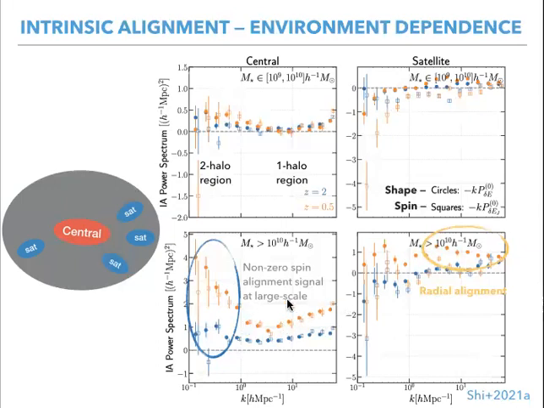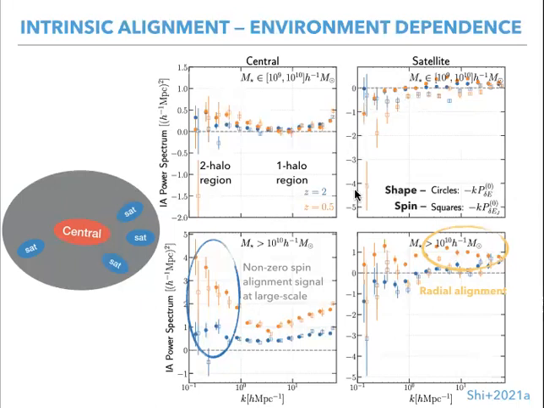We also found a non-zero spin alignment signal at those scales, which is inconsistent with the prediction of the quadratic alignment model; we think it's mainly because of the nonlinear evolution of the matter density field at this scale. For satellites, we found at small scales there is a radial alignment, which means the satellites tend to point towards the centrals.